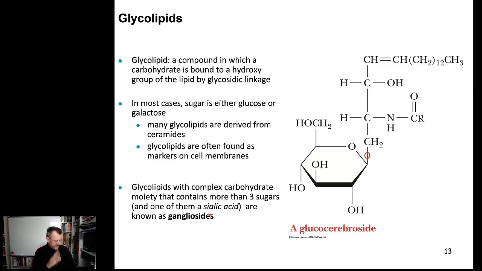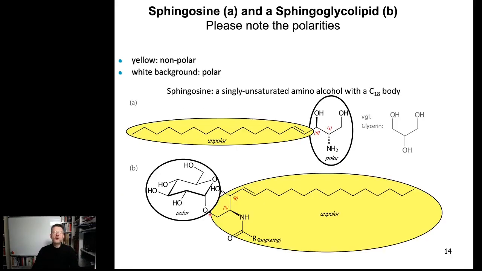And first, just let me show you a few molecules, and what's even more important than the actual molecular structure is once again the similarity between them with respect to their interaction with one another. So for instance, if we compare a sphingosine and a sphingoglycolipid, then please once again have a look at the polarities here.